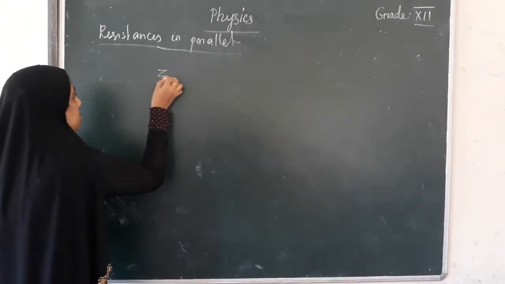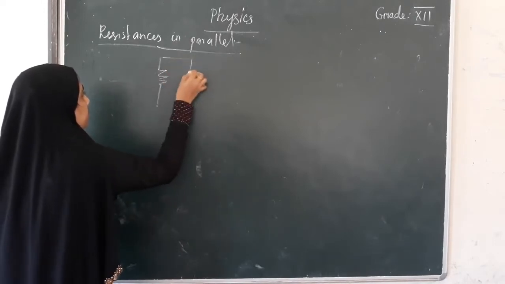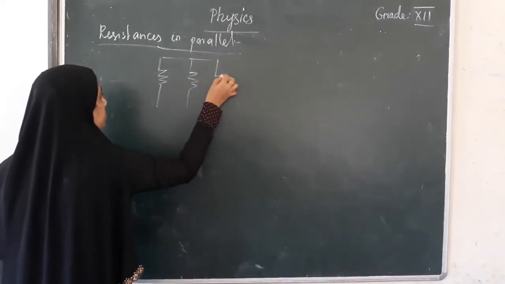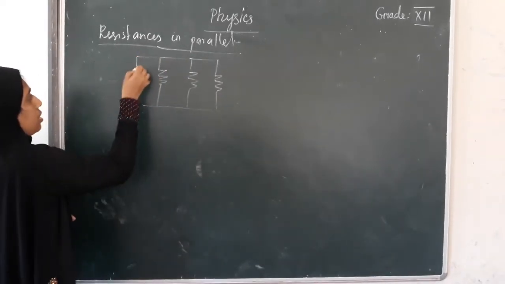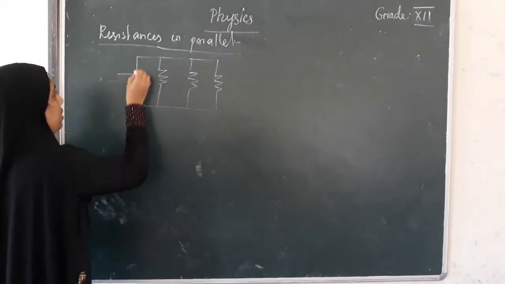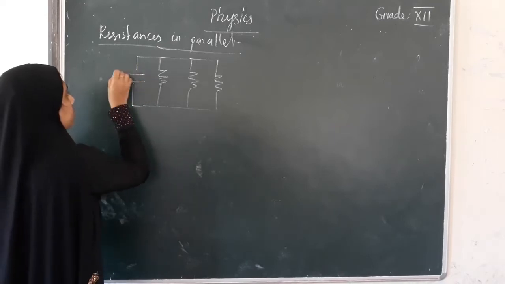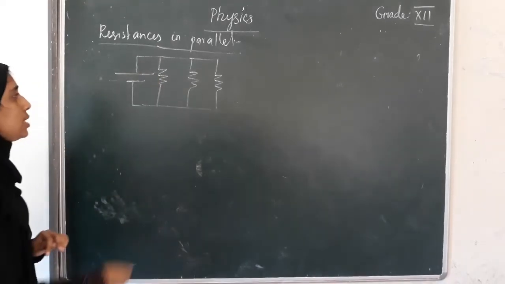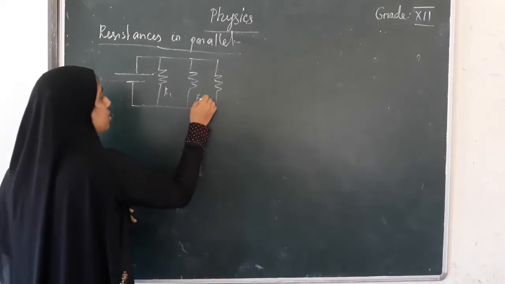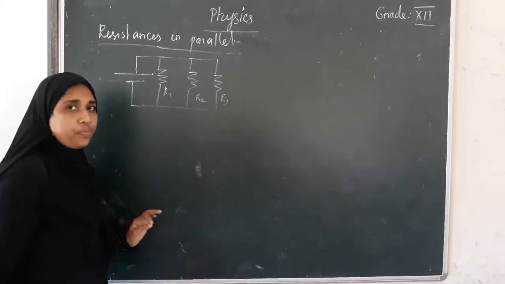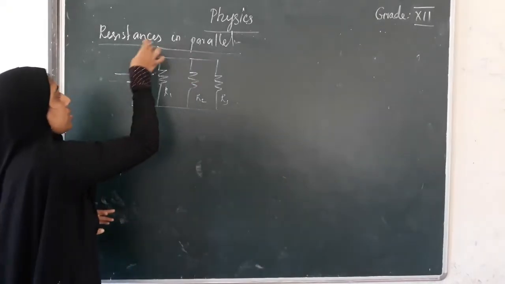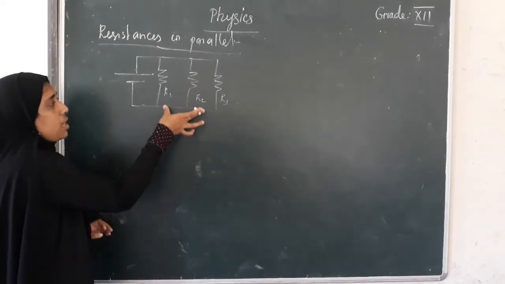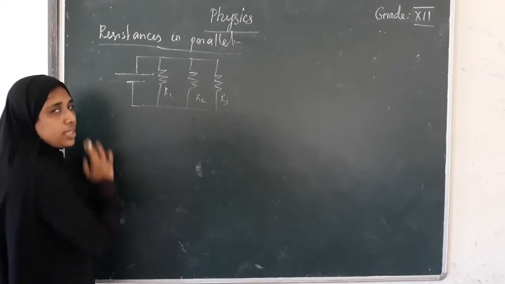Consider three resistors connected in parallel to a battery. These have the resistances R1, R2, R3. This is the parallel connection. These sides are connected commonly to the positive terminal, and these ends are connected commonly to the negative terminal.